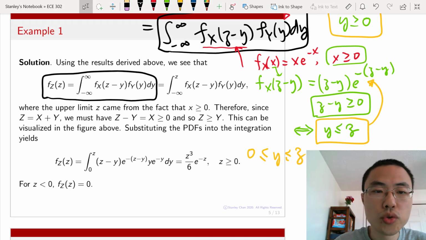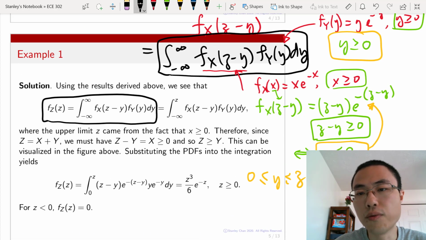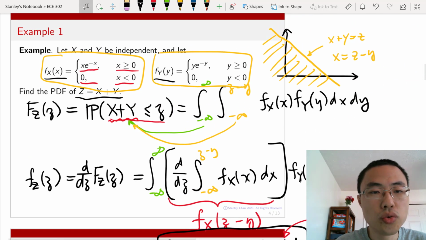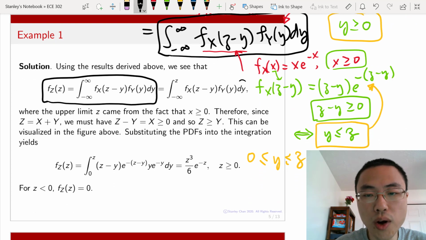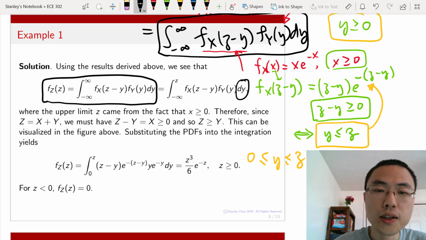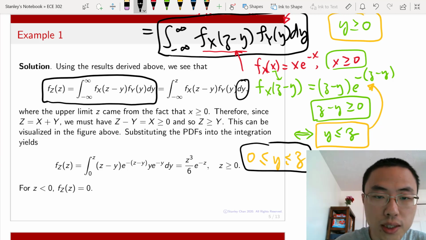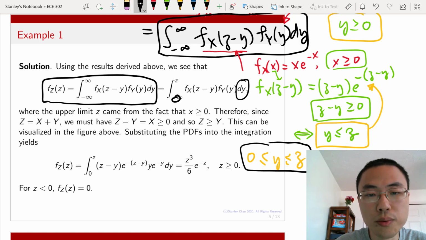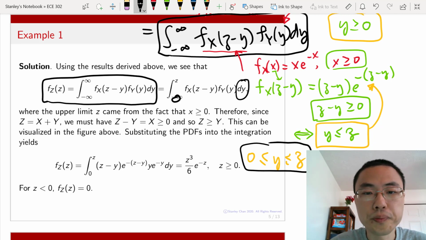If we want to substitute into this equation my specific form of fx and fy, which is given by these two equations, then I need to worry about the limit of y, because you're integrating with respect to y. And so what is the range of y? The range of y has to be from 0 to z. So you need to integrate from 0 to z for this integration.